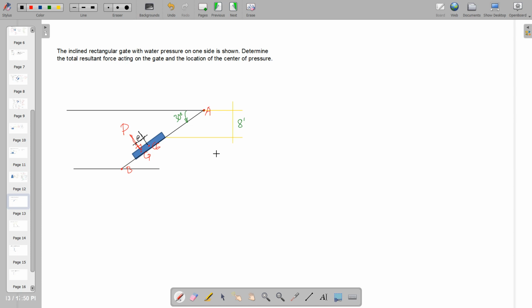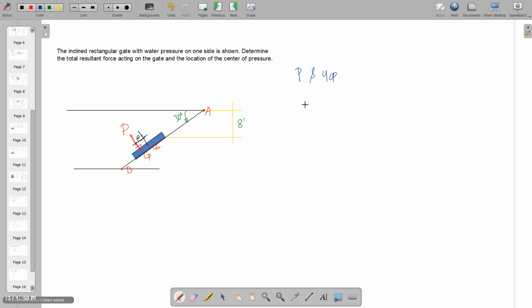So again, the unknown here is P and YCP. So the basic thing you need is to get the value of H bar and Y bar.